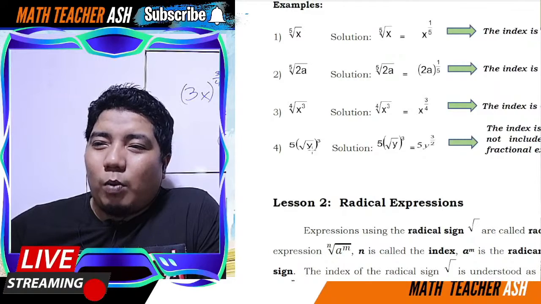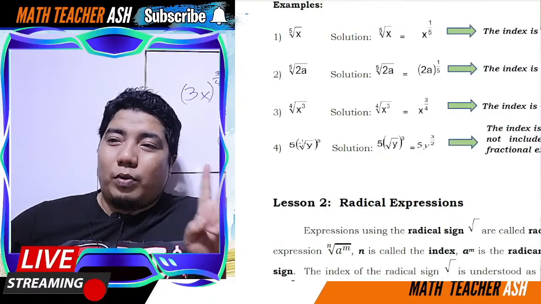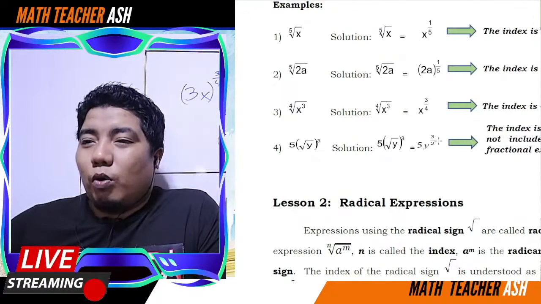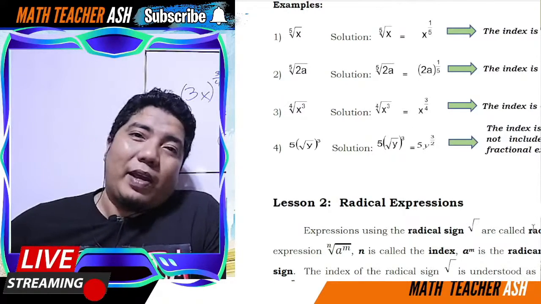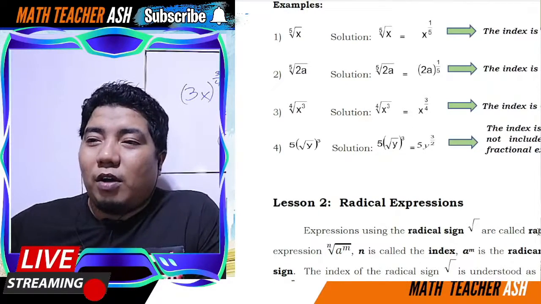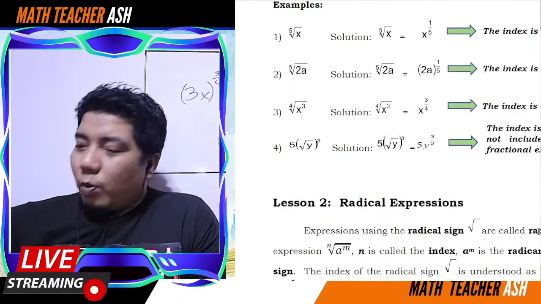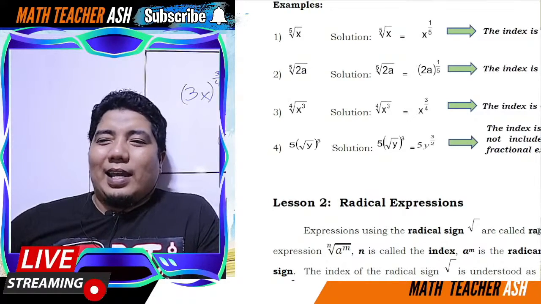And then we write our y. Now, ano ang index dito? Okay, that is 2, right? Because wala tayong nakikita, so understood that is 2. So, over 2 ka dyan, then your numerator will be 3, giving you the final answer 5y to the power of 3 over 2. And that is how you convert radical to exponential and exponential to radicals.